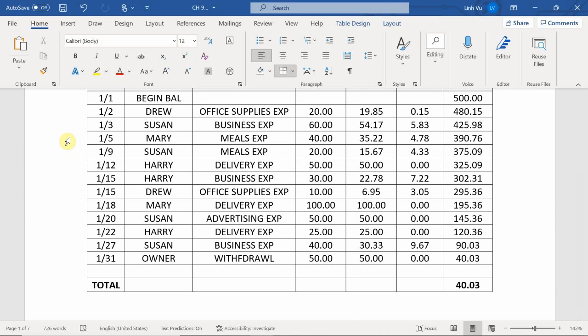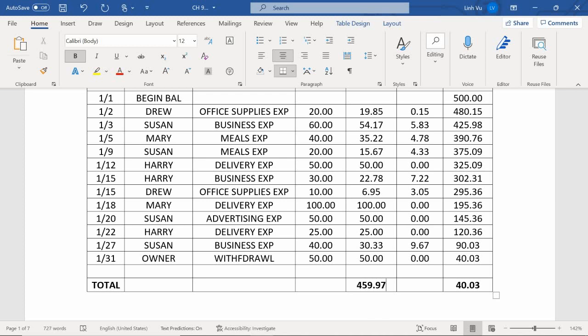What's the total amount in receipts? $475, I believe. 459.97.